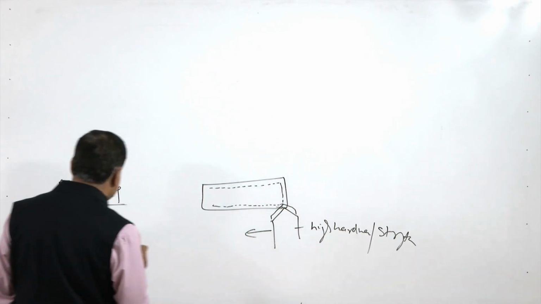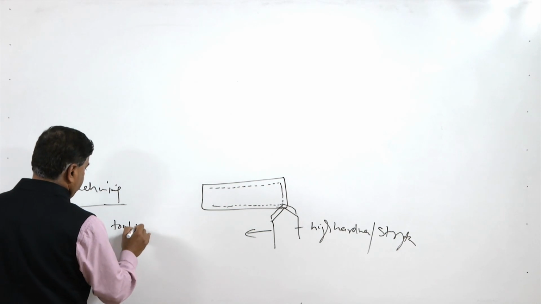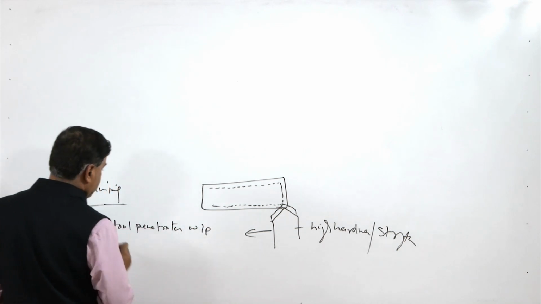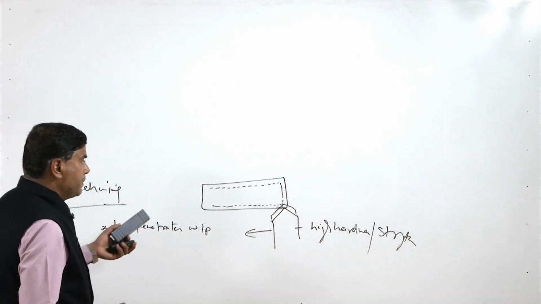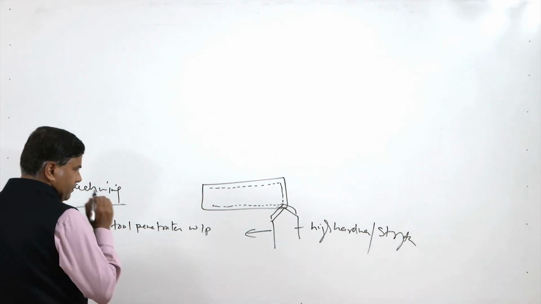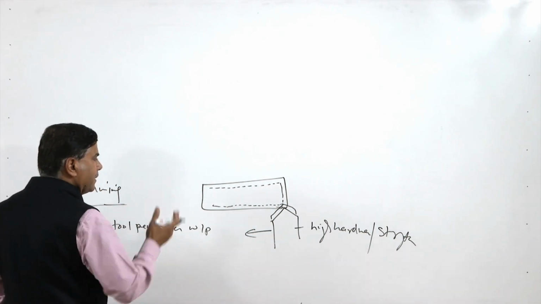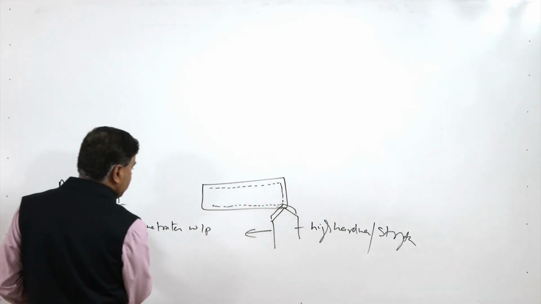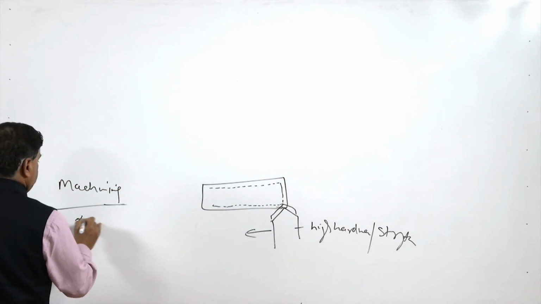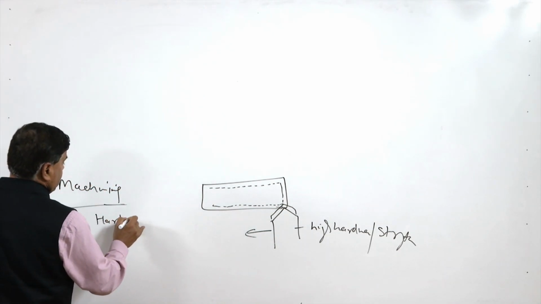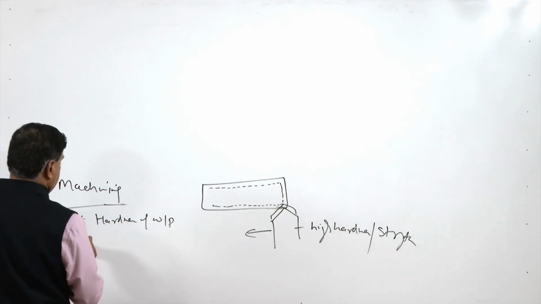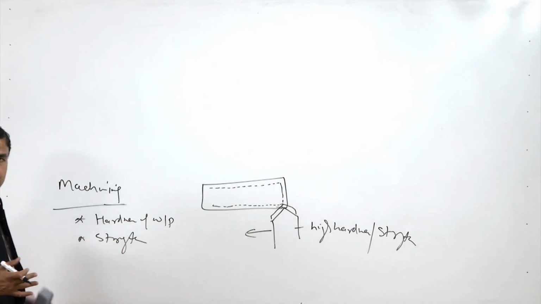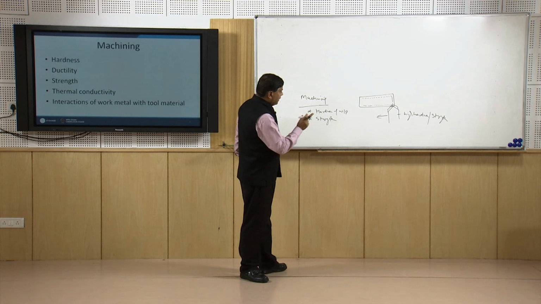What is important for this is that the tool penetrates the workpiece, and for this the hardness of the tool material must be greater than the hardness of the workpiece material. Among the mechanical properties, what is important for this process is the hardness of the workpiece, this is one, and the strength of the workpiece material, because material has to be sheared off from the raw stock material.